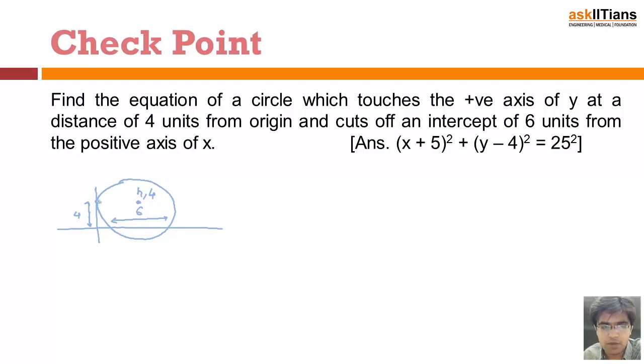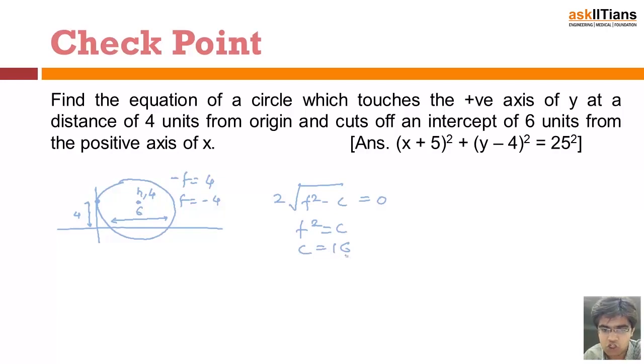Because this circle is touching the y-axis, that means the intercept is 0. So what I'm going to write is that 2 root f square minus c is equals to 0. If you see carefully, then minus f is equals to 4. That means f is equals to minus 4. So that means f square is equals to c, and c becomes 16.